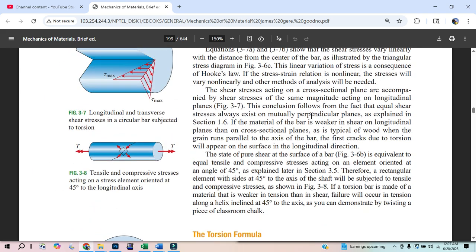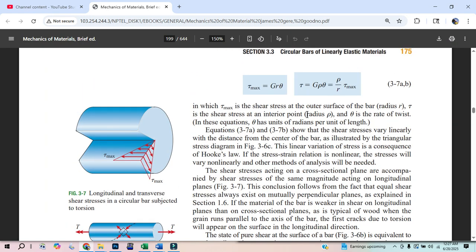So from that, what did we say? We said that if I have a cylinder and I torque it, I'm going to see an angle form. And if I measure that angle, I can find the circumferential distance it traveled. I can then go to the length and know the angle, and then relate that to the shear.